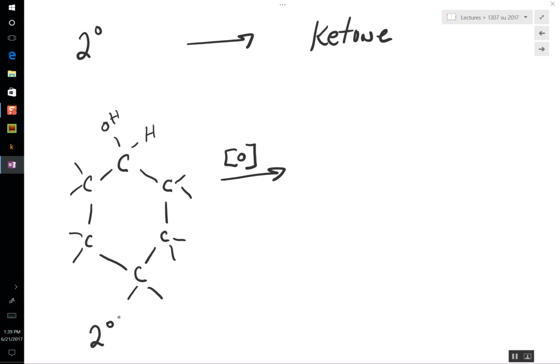Count the bonds around that carbon. Well, how many are there? 1, 2, 3, 4, 5. There you go. Okay? See, it has to lose 2 hydrogens. It's going to lose those 2 hydrogens and form that double bond.